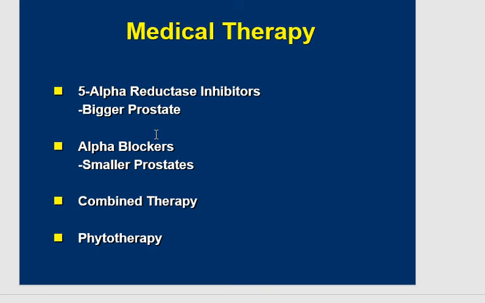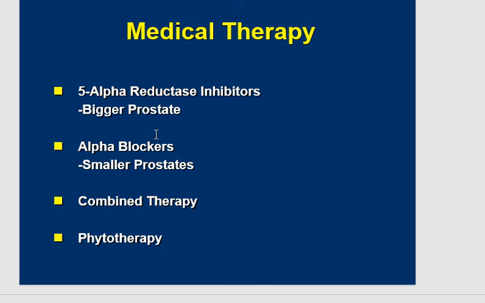5 alpha reductase is an enzyme which converts testosterone into DHT, dihydrotestosterone. Dihydrotestosterone is the end product which combines with the receptors on the prostate and leads to its proliferation.